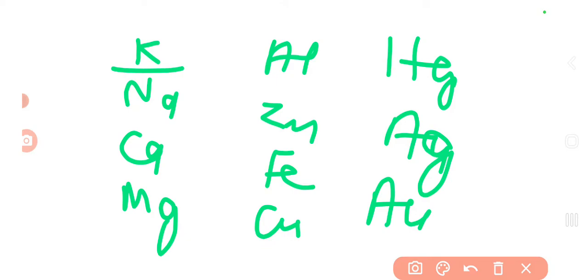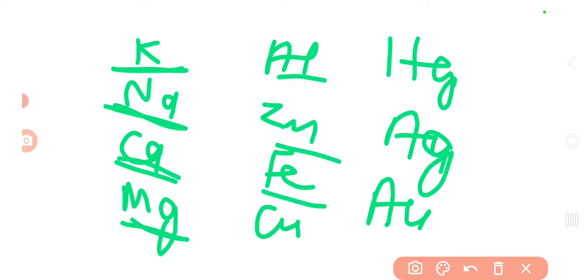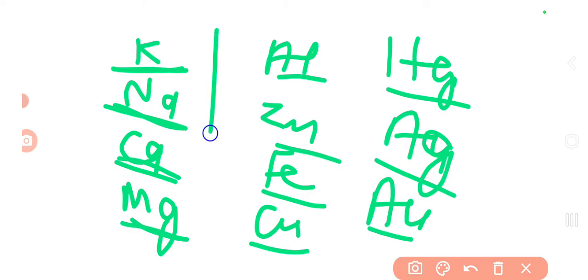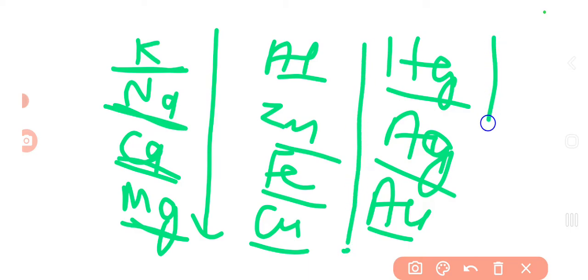The symbols: K is potassium, Na is sodium, Ca is calcium, Mg magnesium, aluminium, zinc, Fe iron, copper, mercury, argentum and aurum. The reactivity decreases from top to bottom.